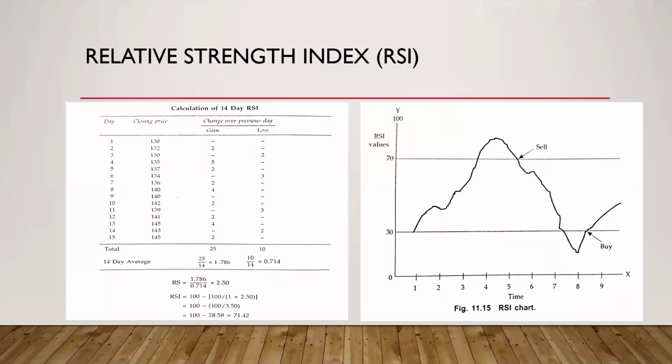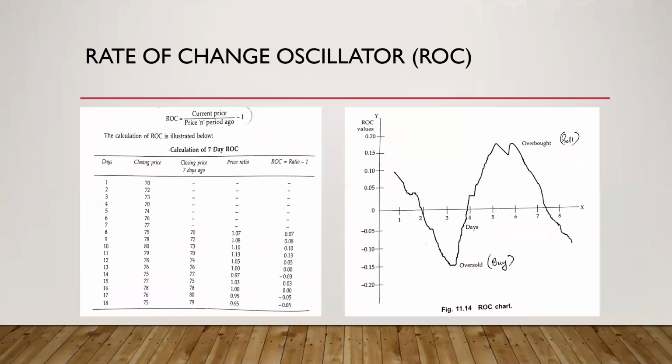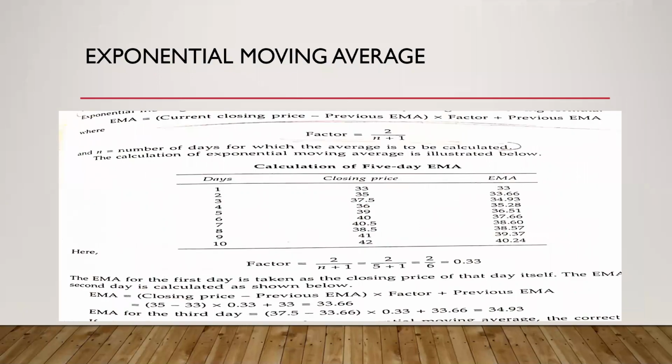There is one more oscillator known as moving average convergence and divergence. In this oscillator, we'll calculate two exponential moving averages. Okay, I hope you remember what is exponential moving average. See, we calculated the factor and applied a formula and calculated the EMA, right?